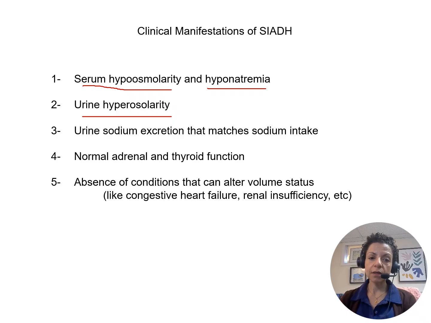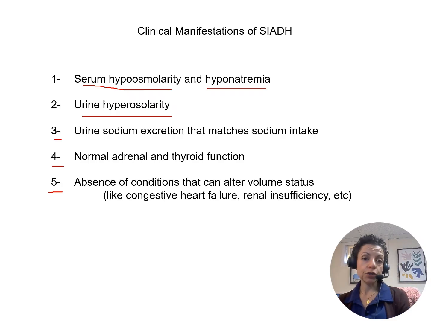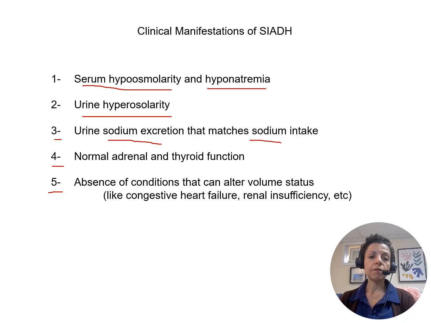The rest of these clinical manifestations are just ruling out any other cause. So if you have these first two, blood hypoosmolarity, hyponatremia, and urine hyperosmolarity, then you might have SIADH if your urine sodium excretion matches your sodium intake, if you have normal adrenal and thyroid function, and if you don't have any conditions that can alter volume status, like congestive heart failure or renal insufficiency.